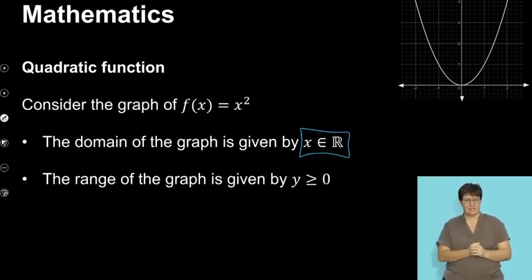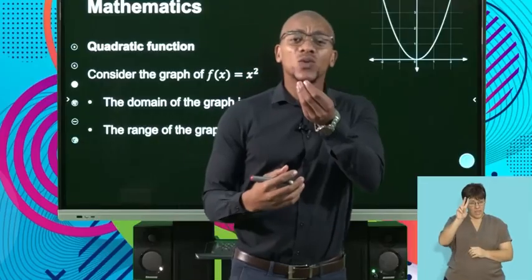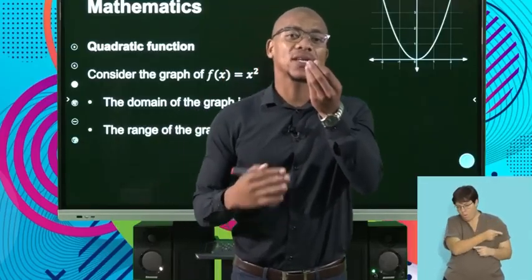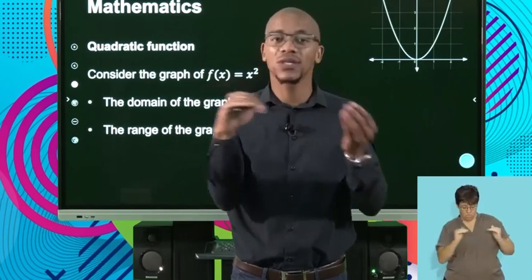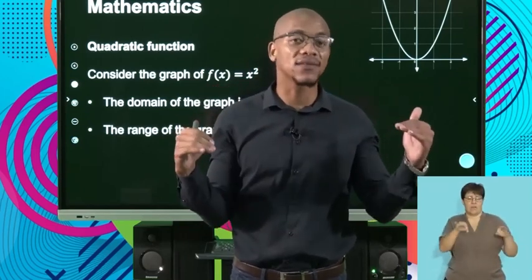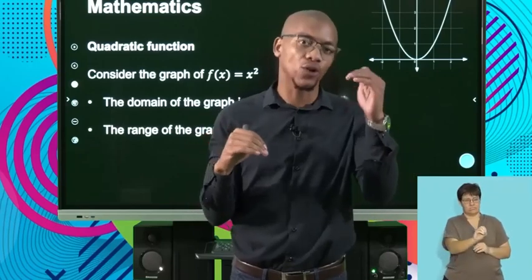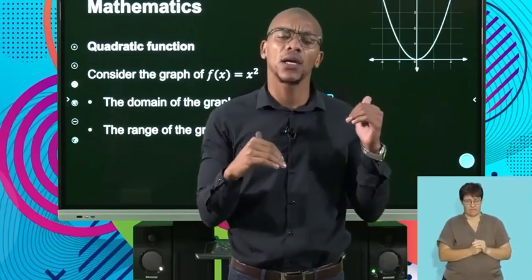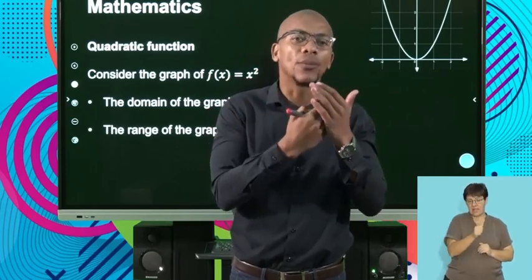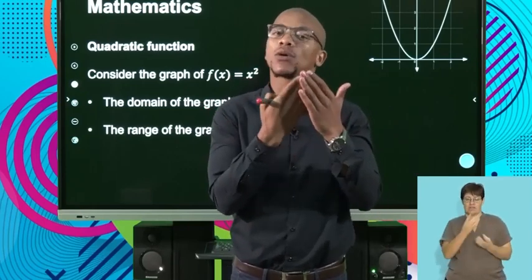Why I'm saying this is because the x squared makes it a point that all the x values on a number line, because they are real values, are all defined, they are all valid on this particular graph, right? So that's why the domain will be x is an element of real numbers.